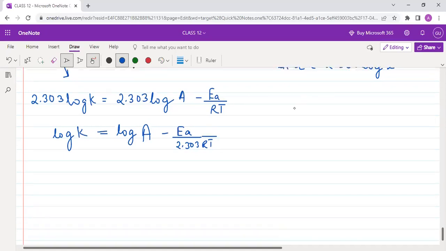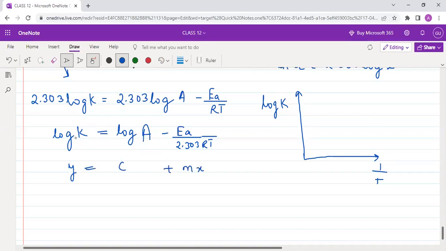Now if we plot a graph again between log k and 1 by T, in this chapter log graphs are very important. Again you are getting the same equation, y is equal to c plus mx, because on the y-axis we have log k and on the x-axis we have 1 by T. This one is your intercept.